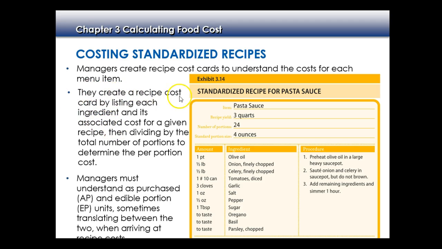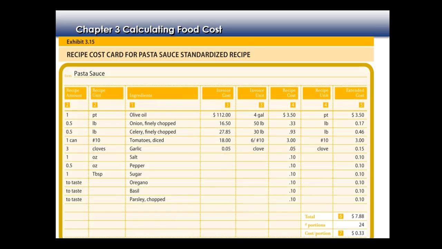So creating a recipe cost card by listing each ingredient and its associated cost for any given recipe, then dividing it into the total number of portions to determine the per portion cost. Managers need to understand AP and EP and be able to translate between the two when arriving at recipe cost. We're going to go over this in a minute.